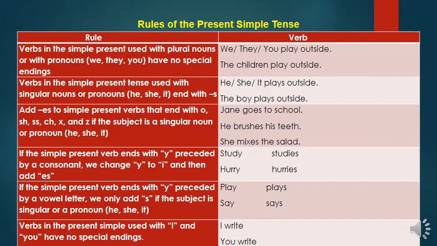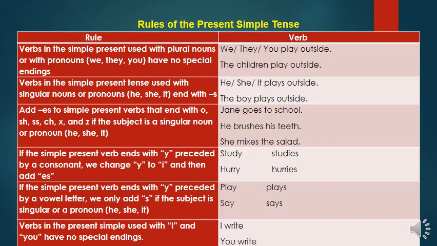Rule number 5 is also related to the letter y. If the simple present verb ends with y, preceded with a vowel letter, it means preceded with a, e, i, o, or u, we have to just add s to the verb without changing the y to anything else. Okay?